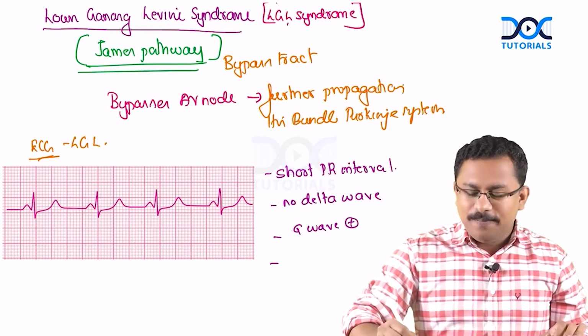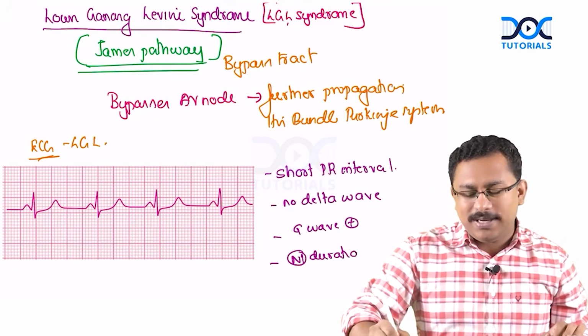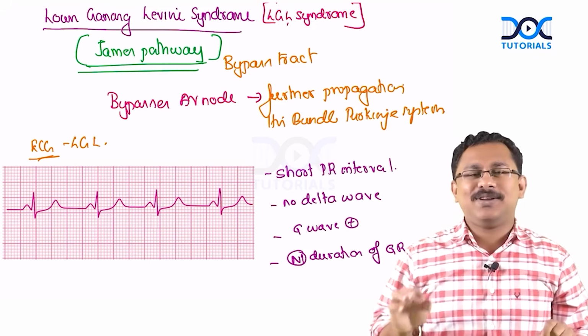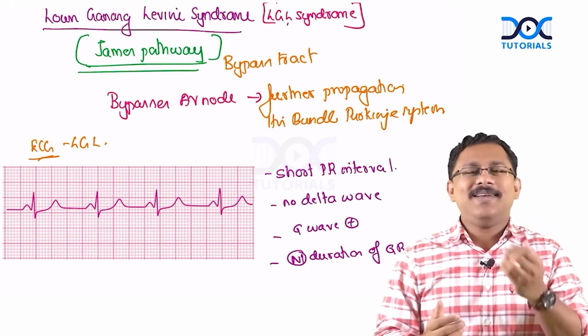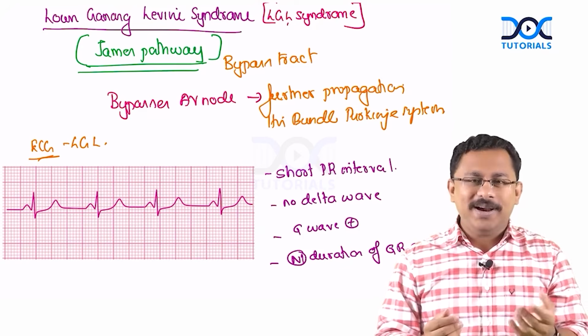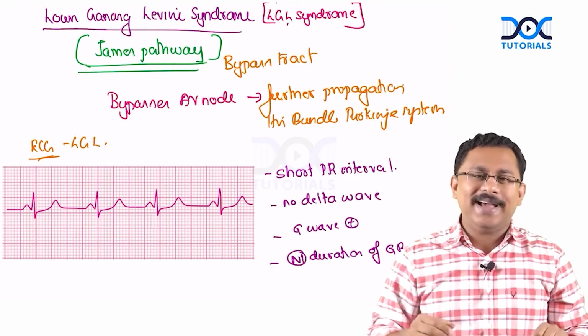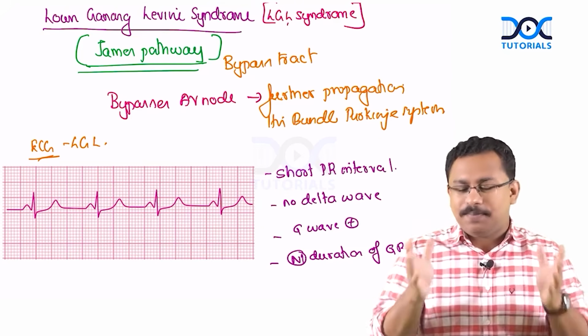And very, very importantly, you will have a normal duration of QRS complex in case of LGL syndrome. Now, why is it so? It's very simple. Because in case of WPW syndrome, you had a slower conduction through the cardiac myocytes, because of which the ventricular depolarization was prolonged.